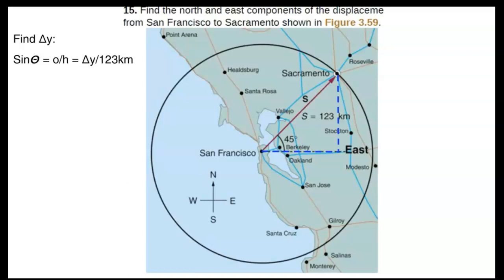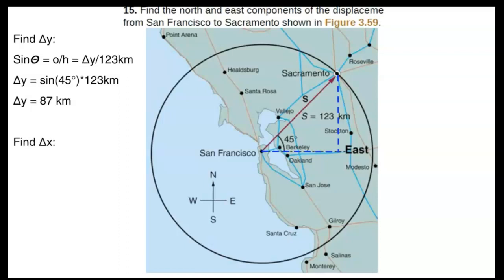So sine theta will equal delta y over the 123 kilometers we were given. I can rearrange this and say delta y is therefore sine of 45 degrees times 123 kilometers. Make sure that you are in degrees, not radians, in your calculator. Go ahead and put that in, and you should get that delta y is 87 kilometers. So Sacramento is 87 kilometers farther north than San Francisco, according to this math.